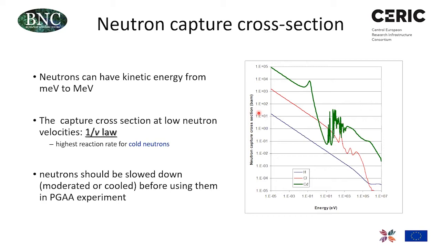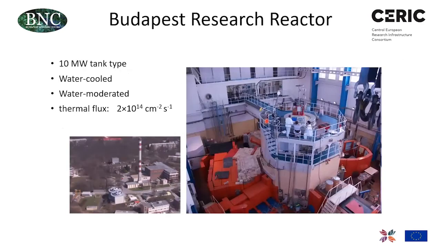So there is more time for the interaction. And that's the reason why we prefer to have low energy neutrons, because with an equal number of neutrons and an equal number of atomic nuclei in your sample, a higher reaction rate can be achieved. So analytically speaking, higher sensitivities can be achieved using slow neutrons.